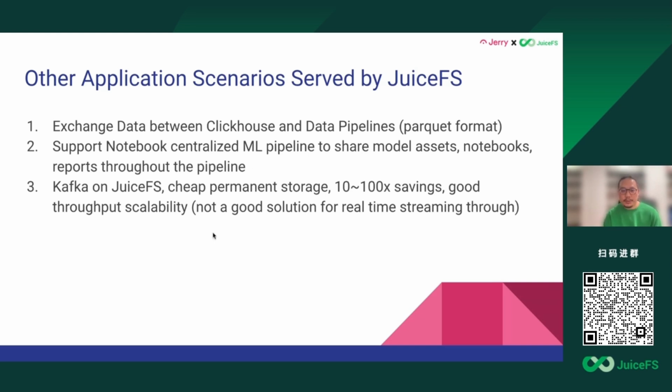Lastly, we run Kafka on the file system to store items that are infrequently accessed but require permanent storage. There are certainly numerous things that you wish to store permanently because they constitute your data assets, and you infrequently visit them.